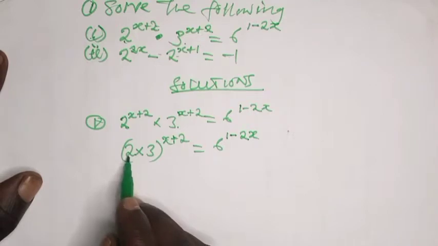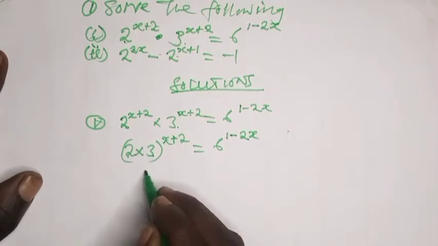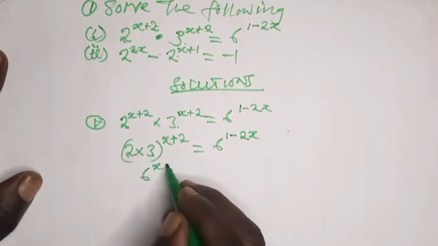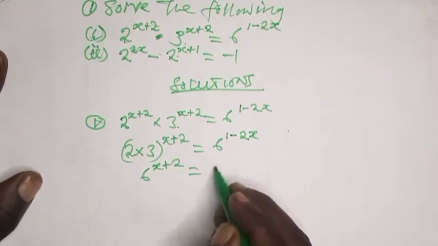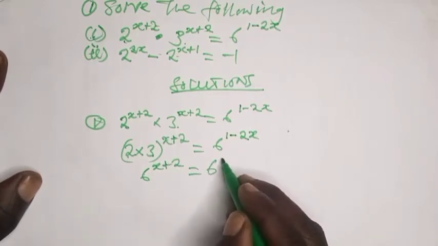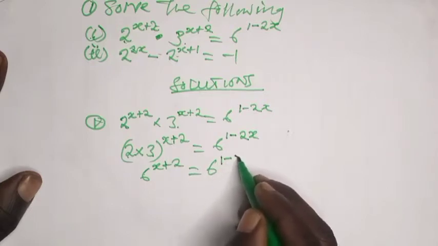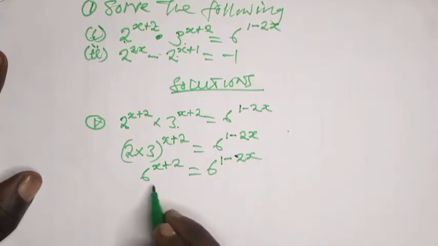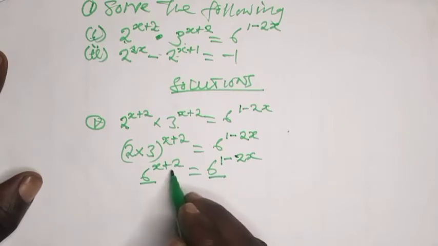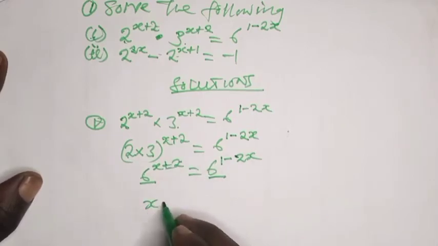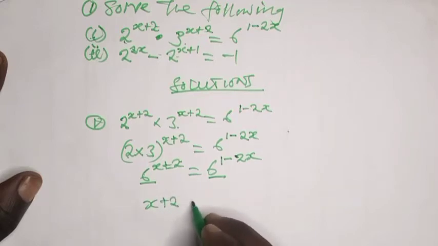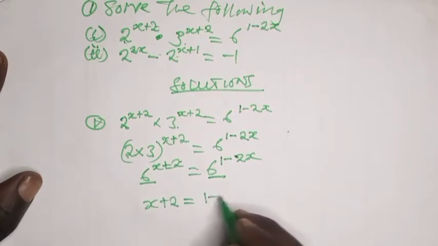Then here it will be 2 times 3, which is 6, power x plus 2 equals 6 power 1 minus 2x. So now the bases are the same, we just get the powers. Then it will be x plus 2 equals 1 minus 2x.